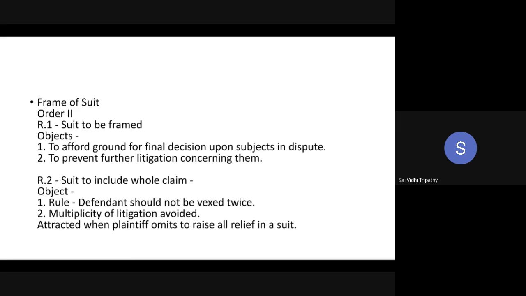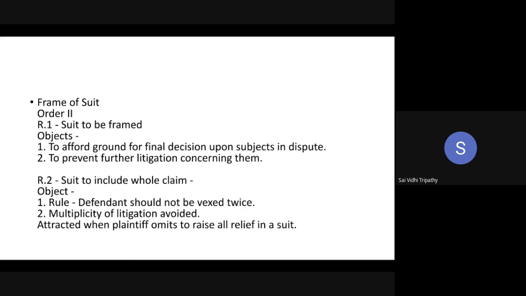A suit will be framed keeping in mind the following objects, that is to afford ground for final decision upon subjects in dispute and to prevent further litigation concerning them. So while framing the suit you have to keep this in mind, that finality should come and there should not be any other litigation, and accordingly you will frame your suit.